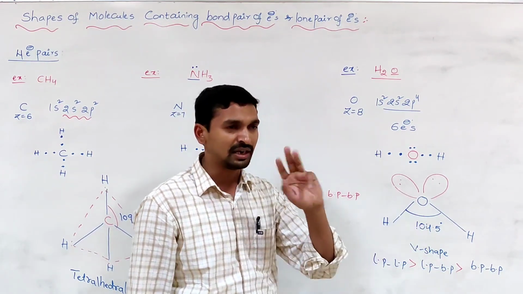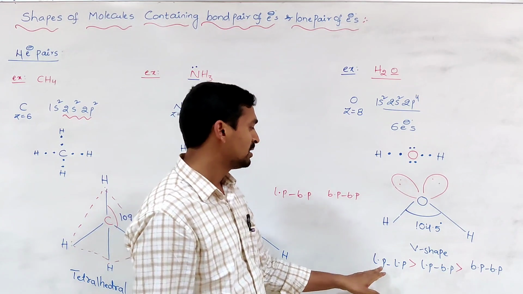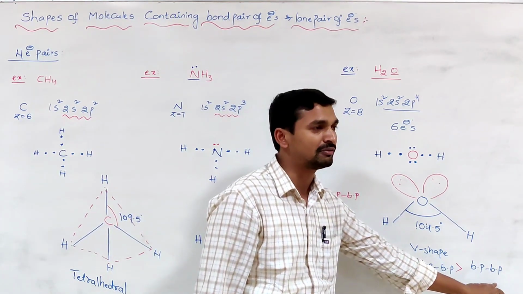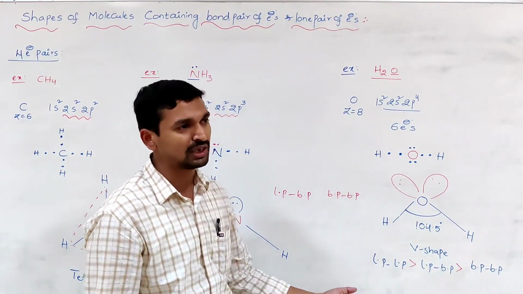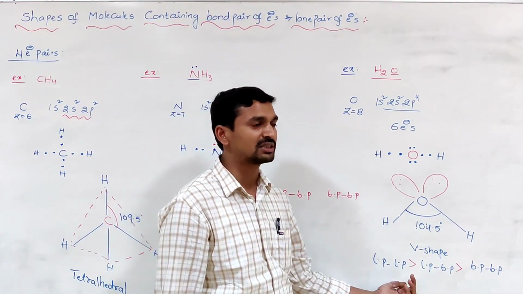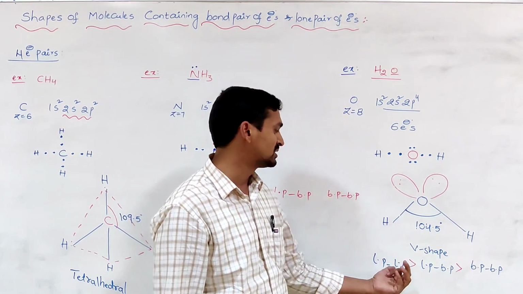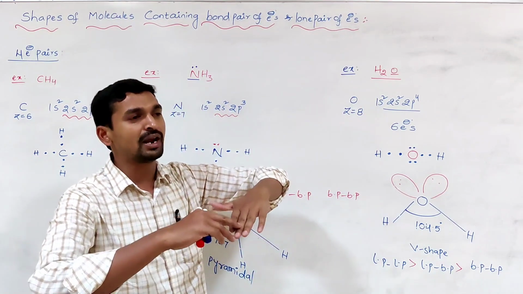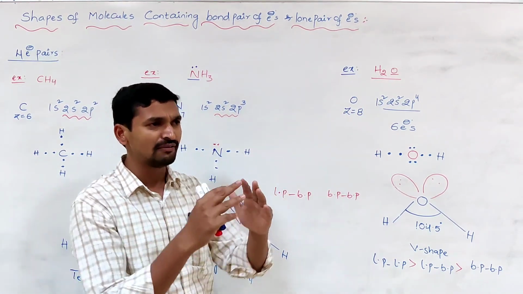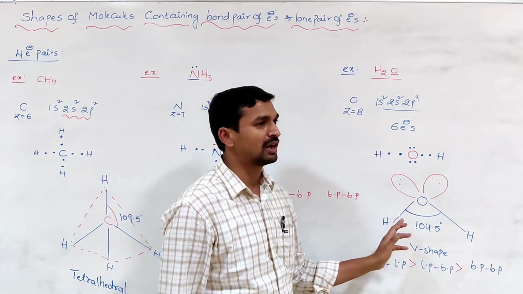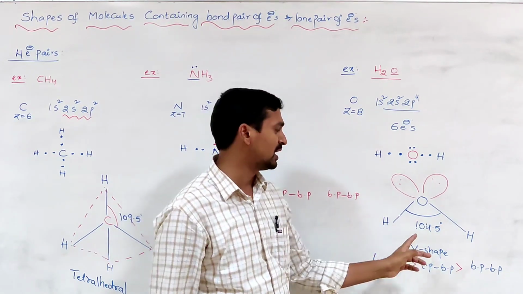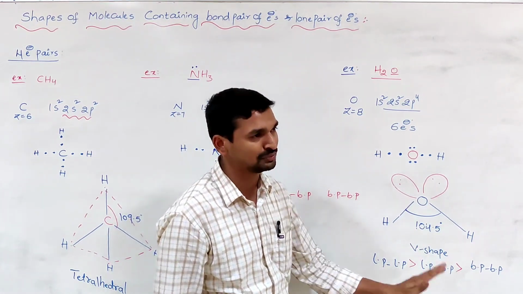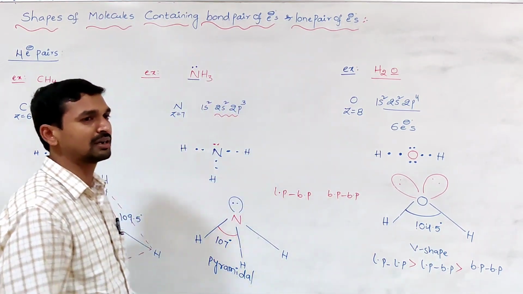In this case, three types of repulsions are possible: lone pair lone pair, lone pair bond pair, and bond pair bond pair. Among these 3, lone pair repulsions are very strong, stronger than lone pair bond pair. That's why the lone pair repulsions always push the bond pairs of electrons very close together. That's why the bond angle here is also observed to be less than 109.5 degrees. This is about the 4 electron pairs.